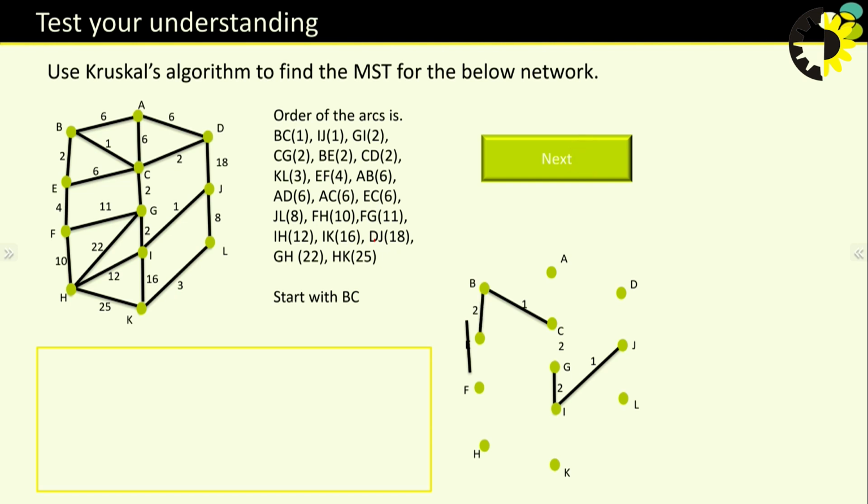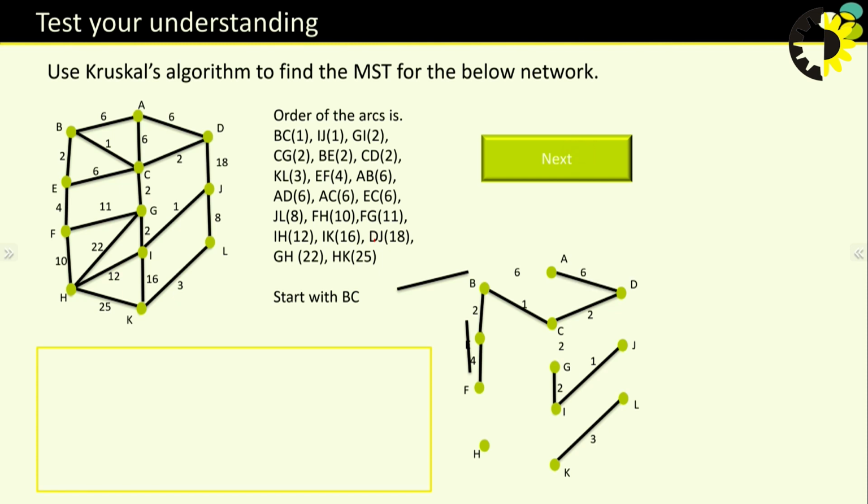Then BE also has the 2 value. CD also has the 2 value. Then KL has the 3 value. Then EF is 4.